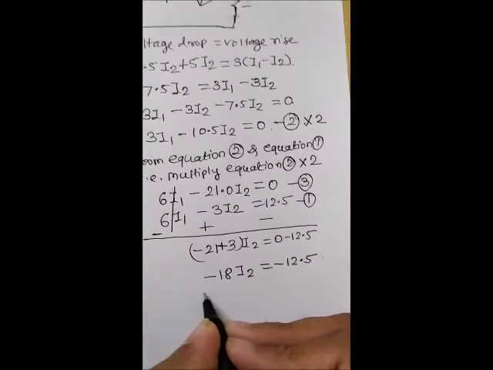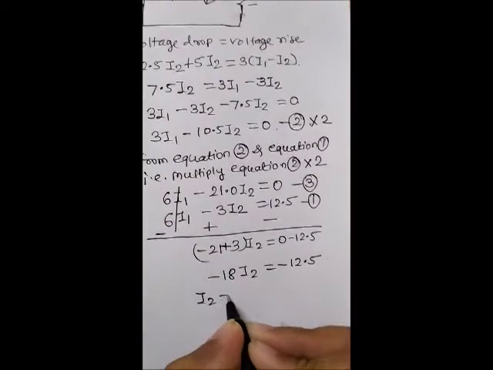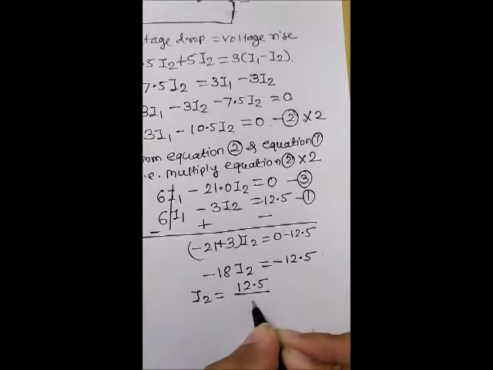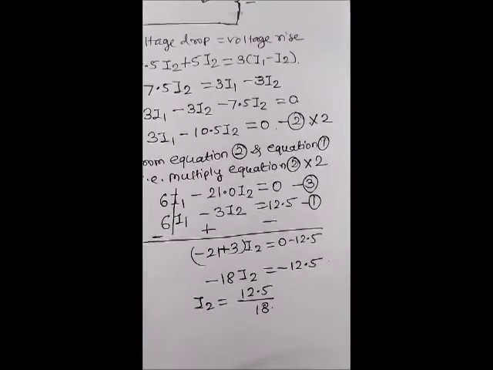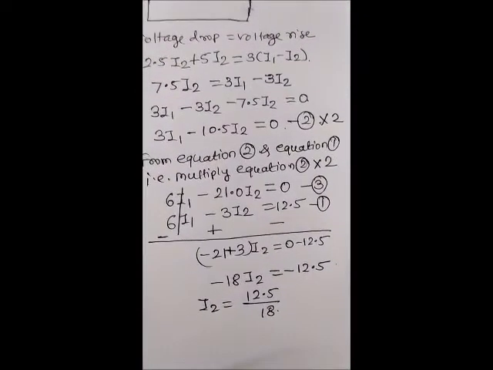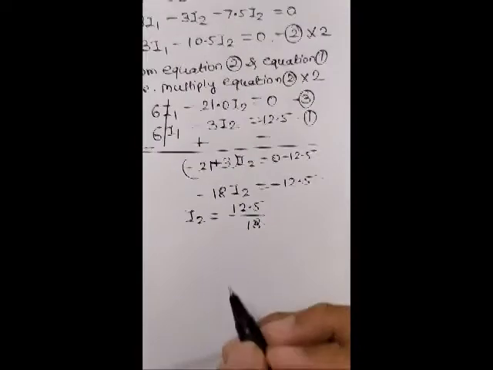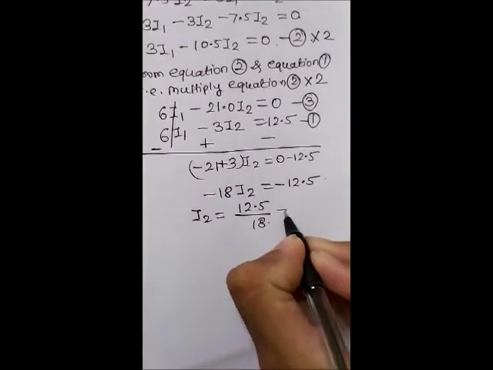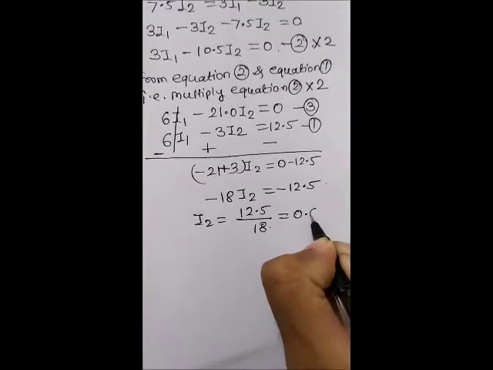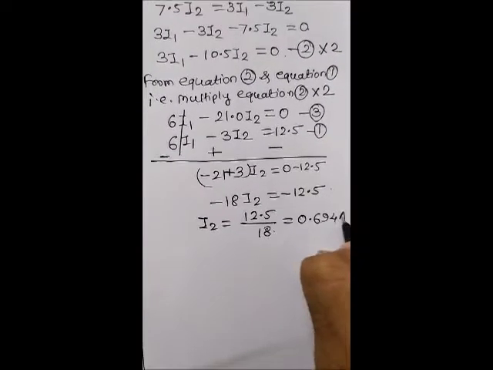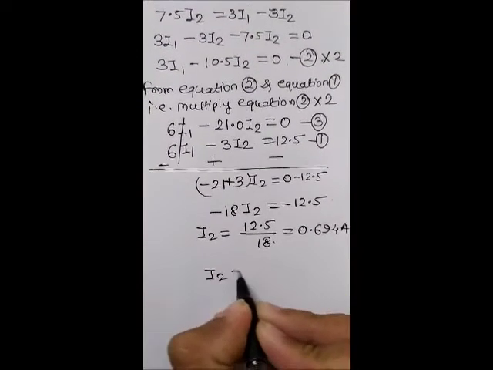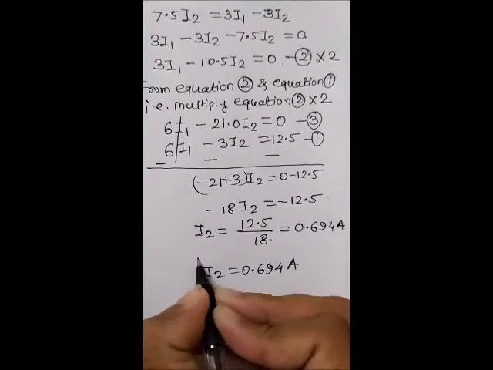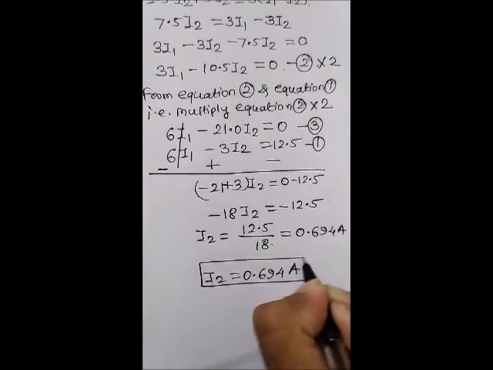Now minus minus gets cancelled, hence I2 is equal to 12.5 divided by 18. Now do the division here. So I2 is equal to 12.5 divided by 18, which is 0.694 ampere.